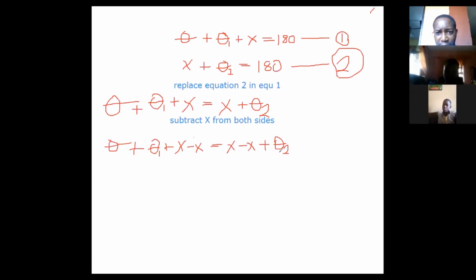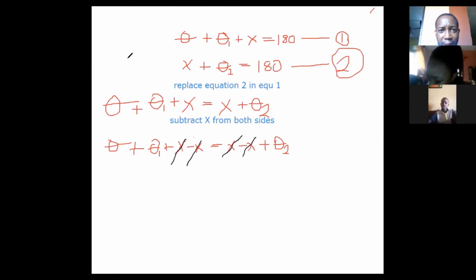Now, if I do this, that simply means that this x plus x and minus x will remove each other, right? Then this one too will remove each other, is it not?